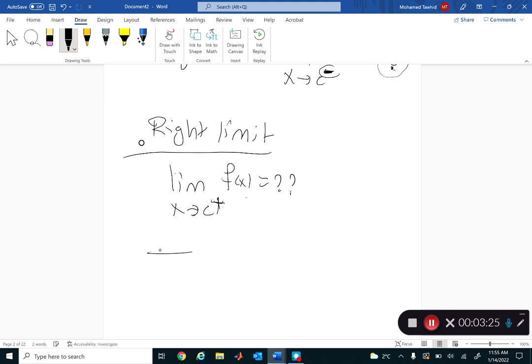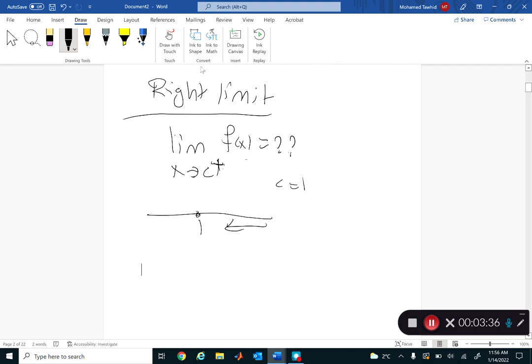For example, if you take c equal to 1 and come from the right, some people say 1.001, some say 1.0001 and so on. It's okay, you take anything close to 1 from the right, which means after 1.